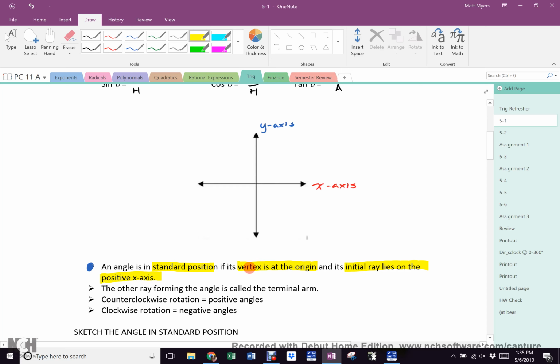Vertex. Do we know what a vertex is? What is it, Noah? It's the top and bottom of the parabola. It is the top and the bottom of a parabola. I agree with you. So if I do a parabola like that, there is the vertex, yes? How do I know when I've hit the vertex? What happens? Down, down, down, down, down. What happens right there? Stops going down. I stop going down and I turn around, yes?